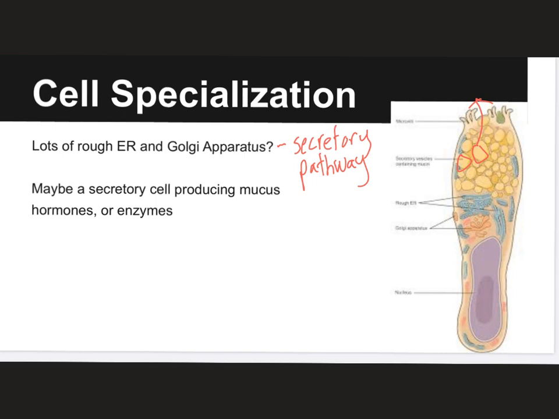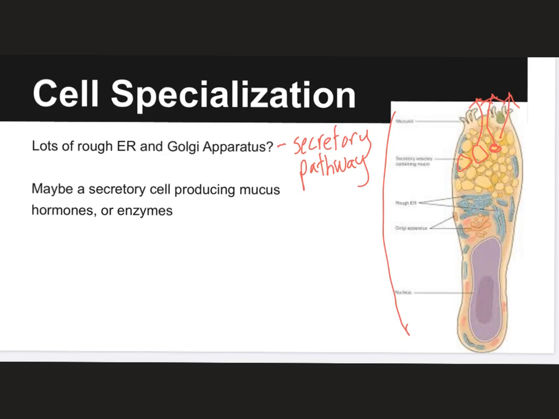The cell pictured here is manufacturing mucus. It might be lining the inside of your nose or your throat, producing little vesicles full of mucus that it can then send out into your sinuses.